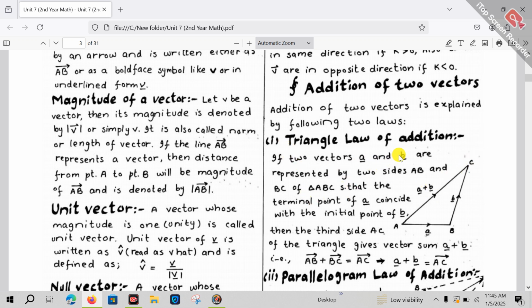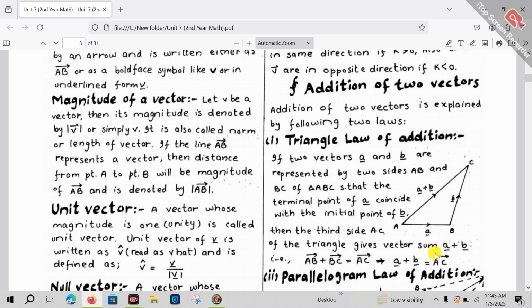If two vectors a and b are represented by two sides AB and BC of a triangle ABC, such that the terminal point of vector a coincides with the initial point of b. Here is vector a, here is vector b, and the terminal side of this vector coincides with the initial side of this vector. Then the third side, this side from A to C, gives the vector sum.